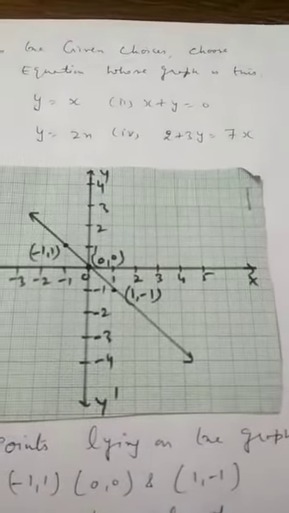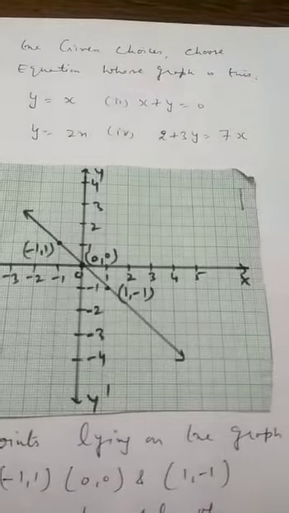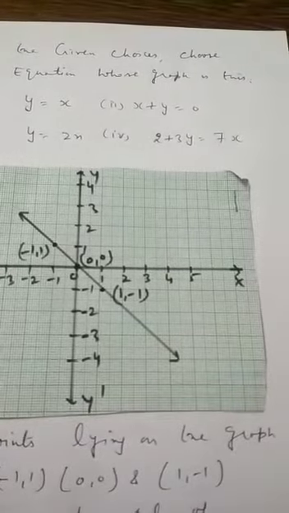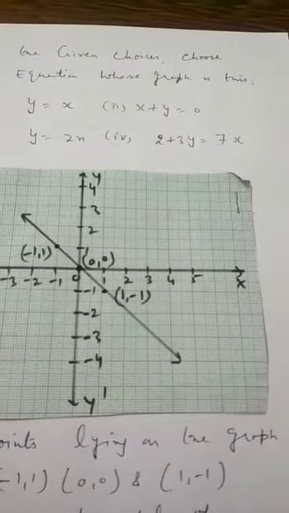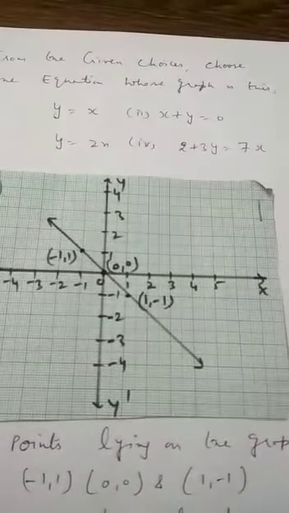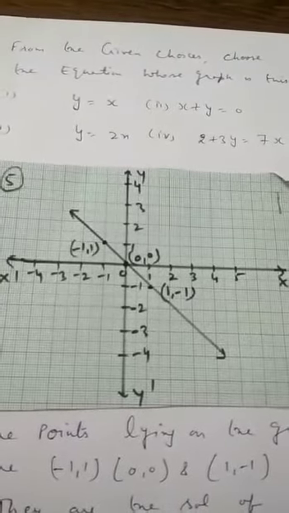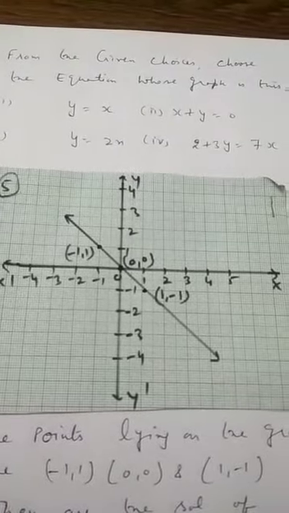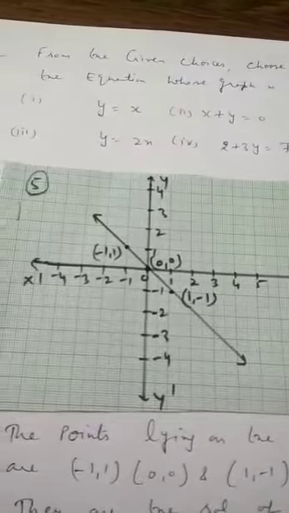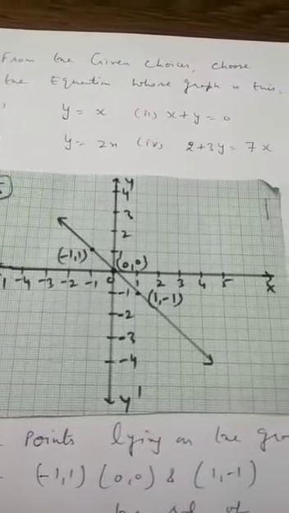Now if I look at the solutions, what are the solutions? Minus 1, 1; 0, 0; 1, minus 1. If I check these solutions by putting them in all the equations, they are not satisfying the first equation, not the third equation, and not the fourth equation.